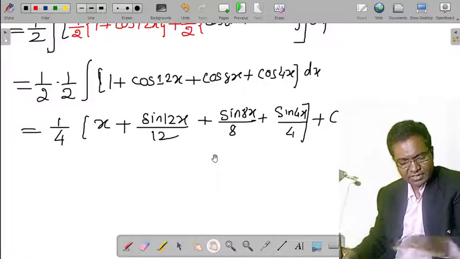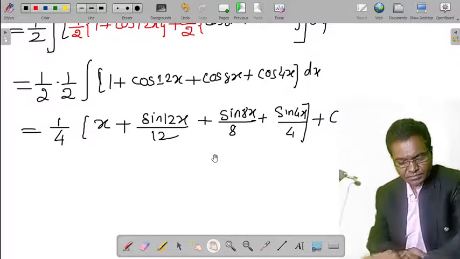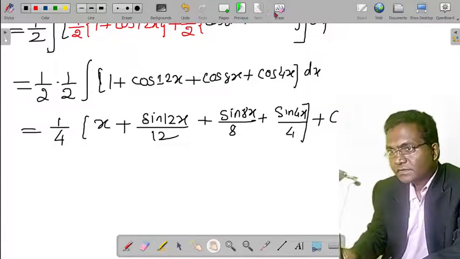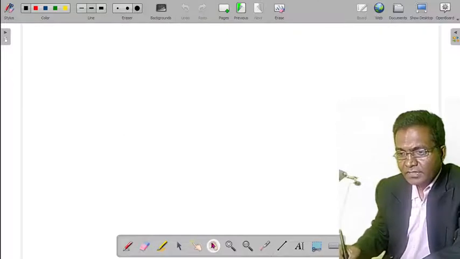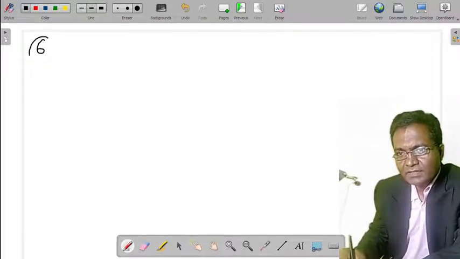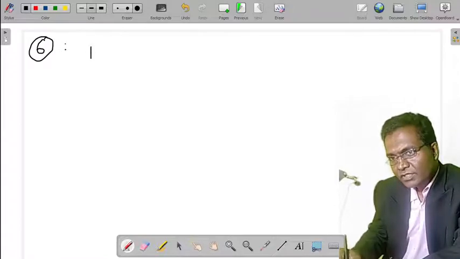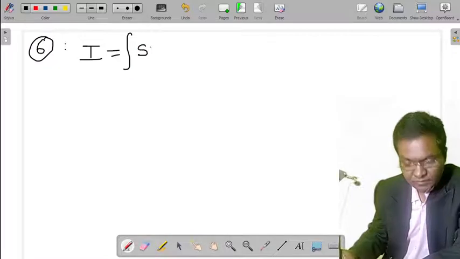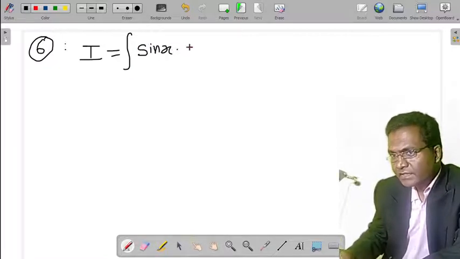Okay, so let's have another example of the same kind. This is example number 6. You are asked to evaluate this: integrate sin x into sin 2x into sin 3x.